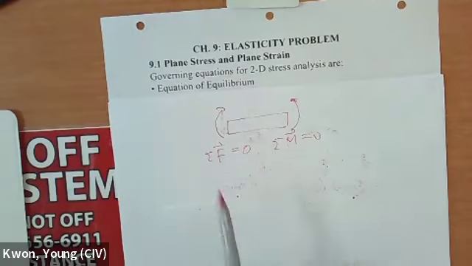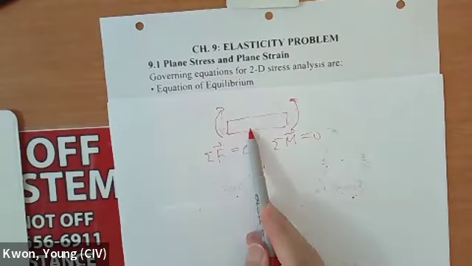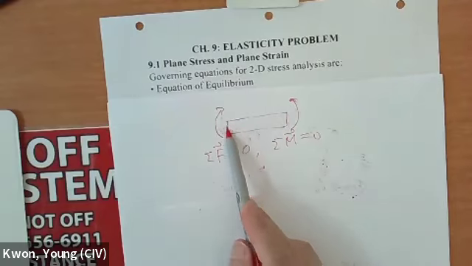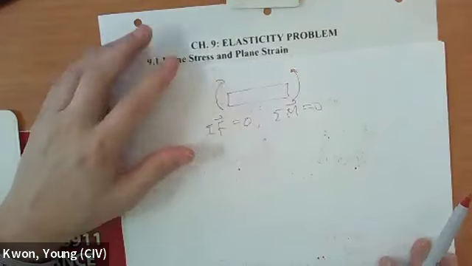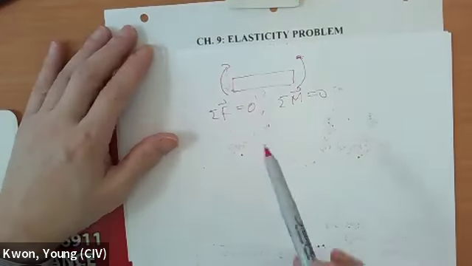We are not looking point by point, but overall over the cross section, you have a force and moment, and they are equal to each other. Then that's going to be equilibrium.